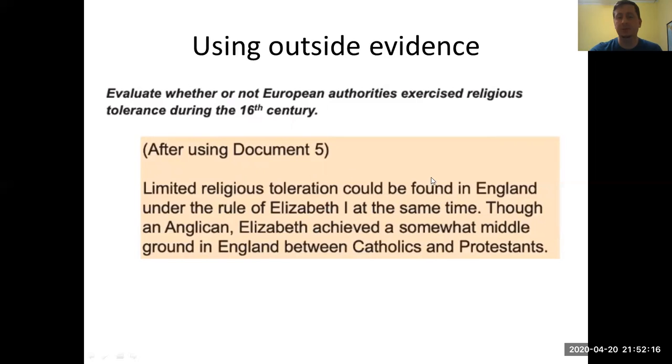They describe what they're talking about, that religious toleration is in England under the rule of Elizabeth I, and then they go on to explain exactly what that means and how that proves that they are right. And so using outside evidence as basically another document, another piece of evidence, just no reference to a document.